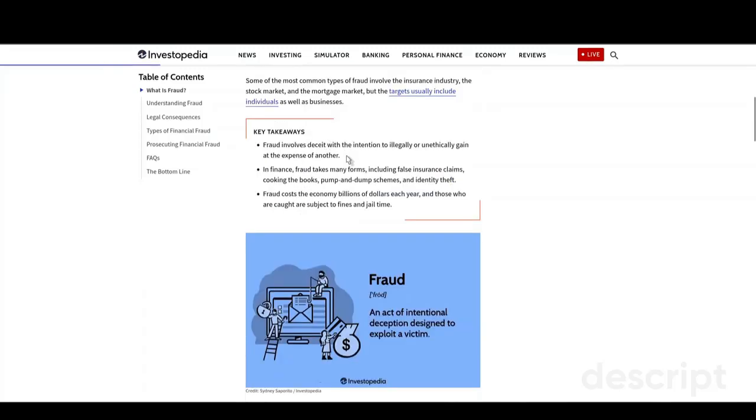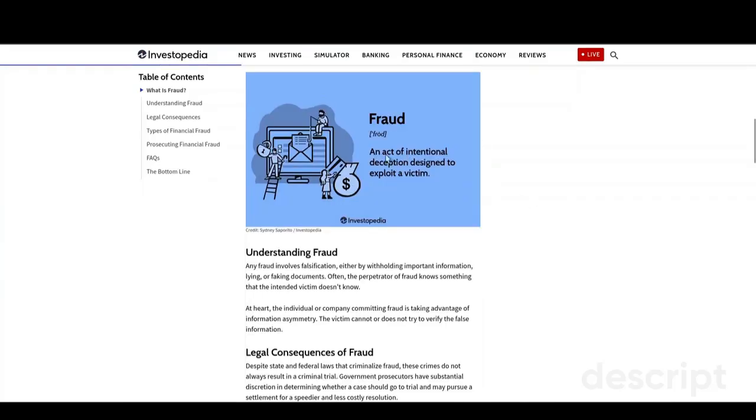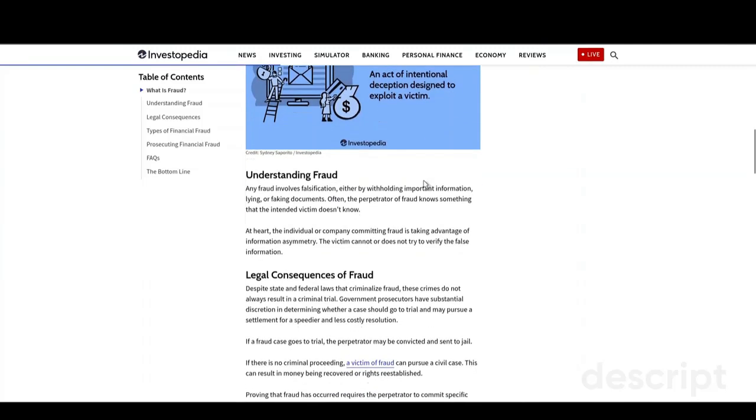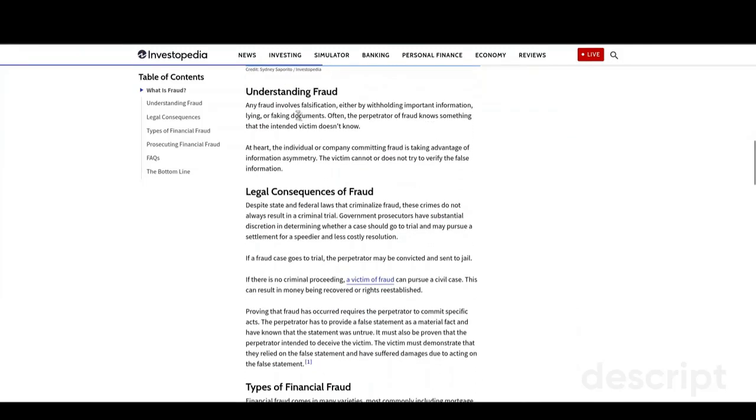So fraud involves deceit with the intention to illegally or unethically gain at the expense of another. An act of intentional deception designed to exploit a victim. Any fraud involves falsification, either by withholding important information, lying or faking documents.